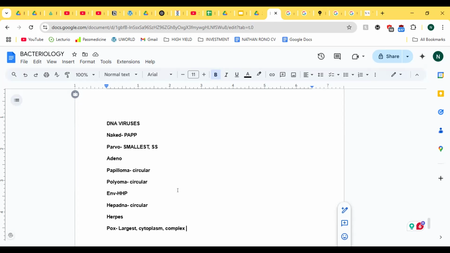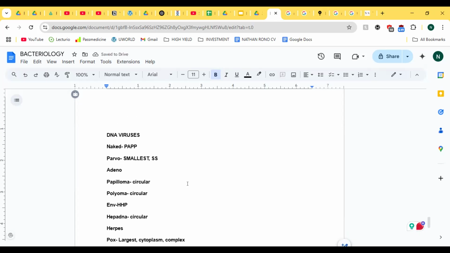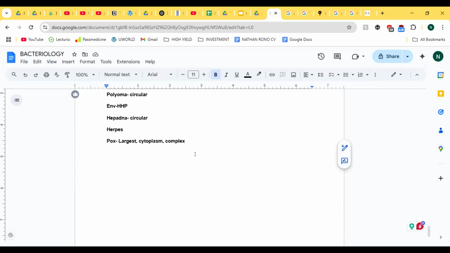So I hope that mnemonic is clear. So in summary, you're going to say all are icosahedral except pox, which is complex.